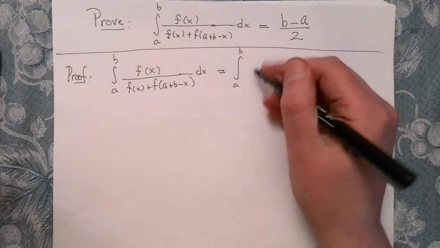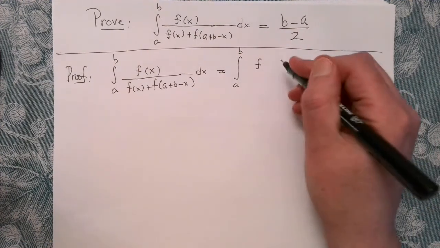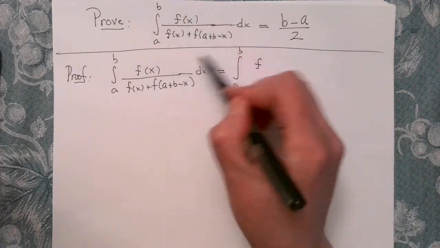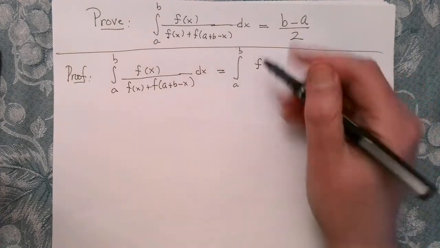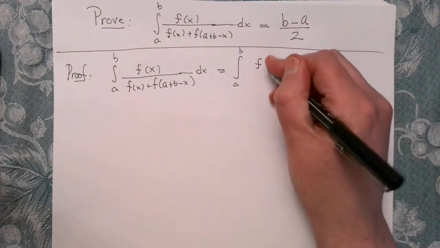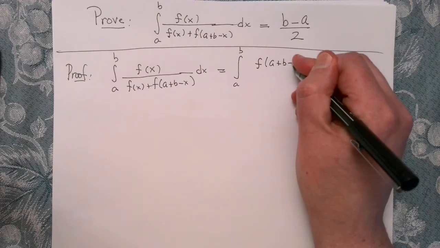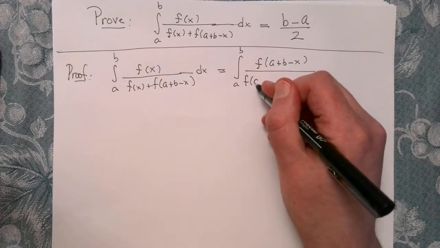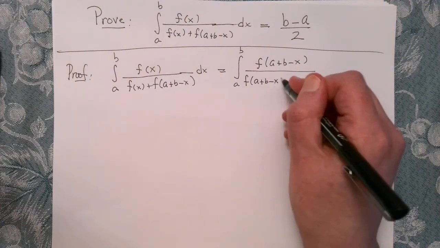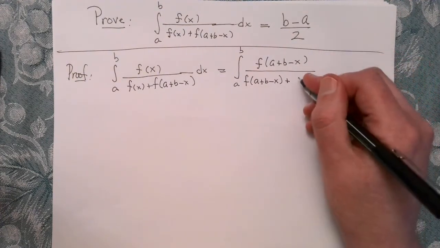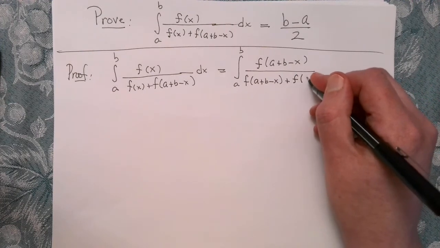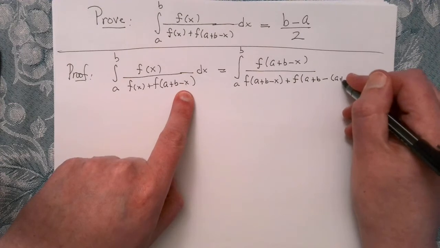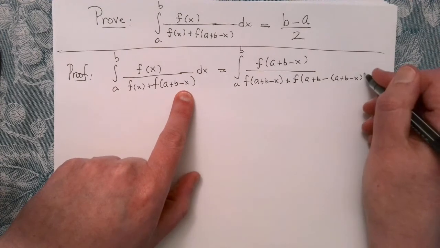If I think about this whole thing as my f of x or g of x, then this could be rewritten as f of a plus b minus x over f of a plus b minus x plus f of a plus b minus a plus b minus x.